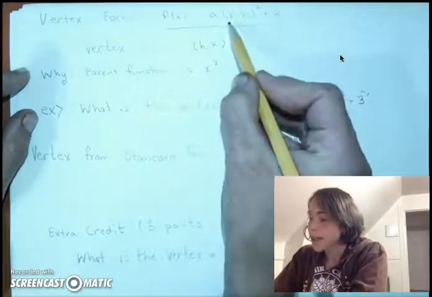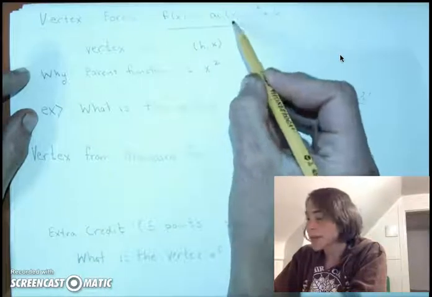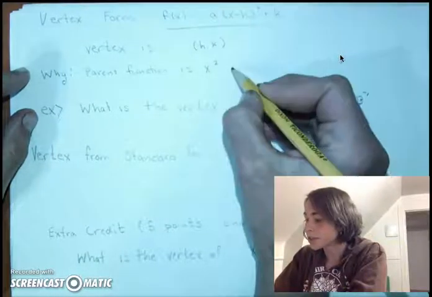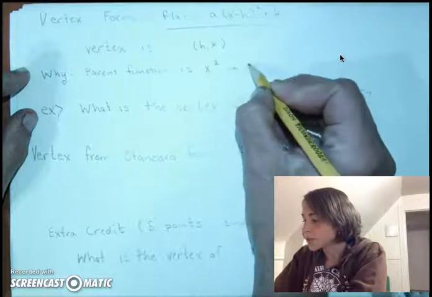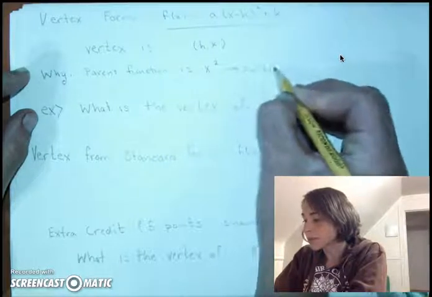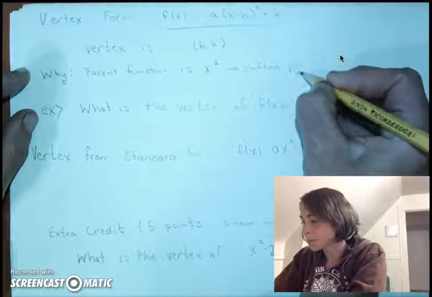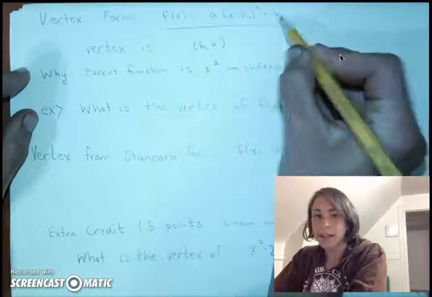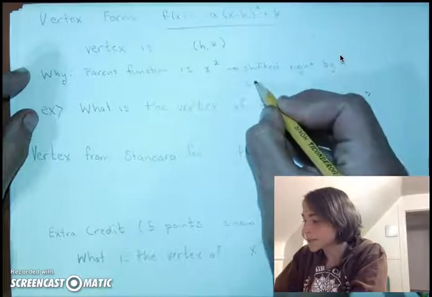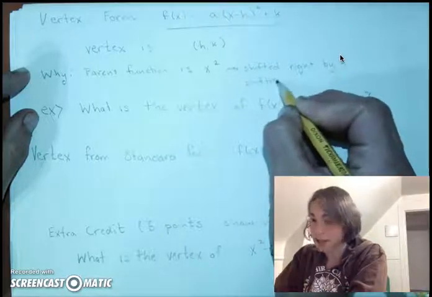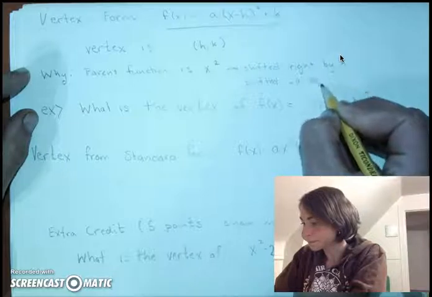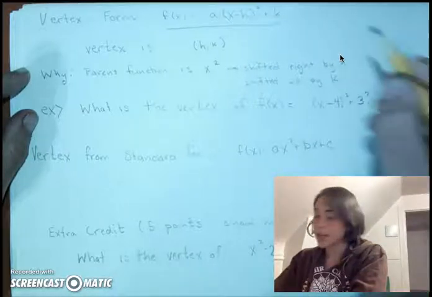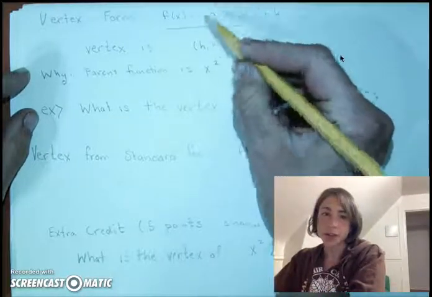But then I changed x by switching x to x minus h. So it's shifted to the right by h. And then I added on k, so it's shifted up by k.